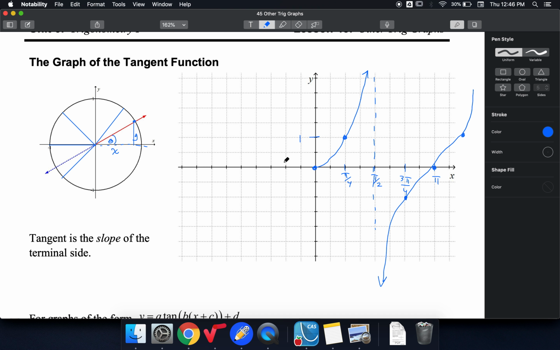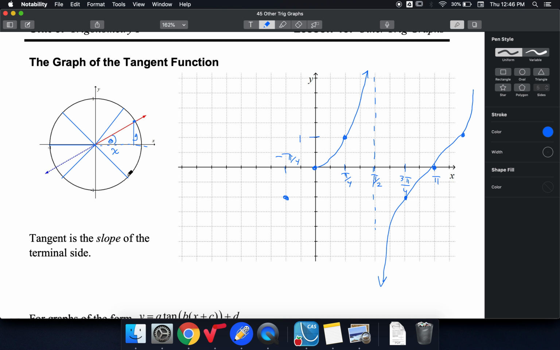So if I think about going on to this side, well, this is where my thetas are negative. So if we go to -pi over 4, well, that's the same as coming down here. And now I've got my negative slope, my slope of -1.